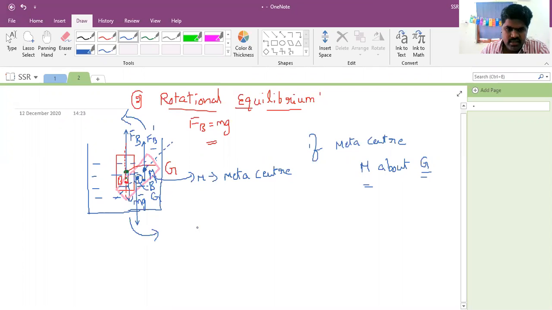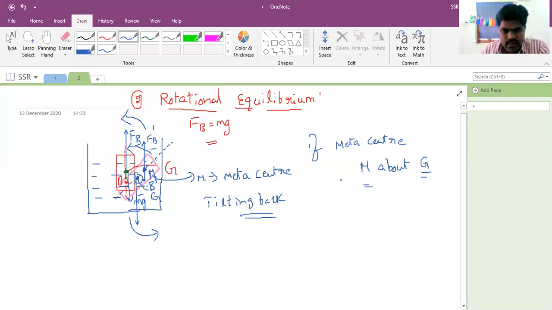The couple will act like this with respect to meta center. So again, this log will come to its original position, vertical body. That is called tilting back into original position when meta center is above the center of gravity.